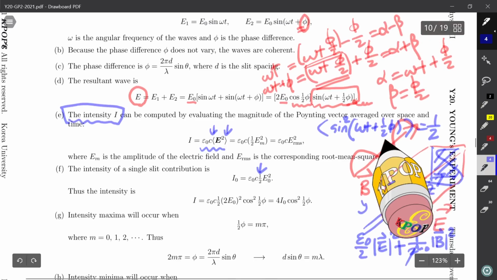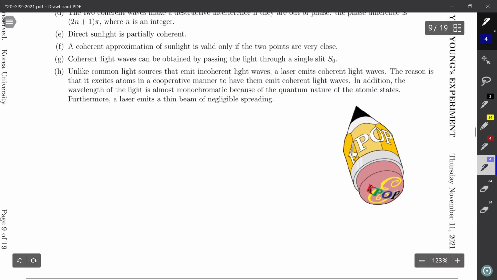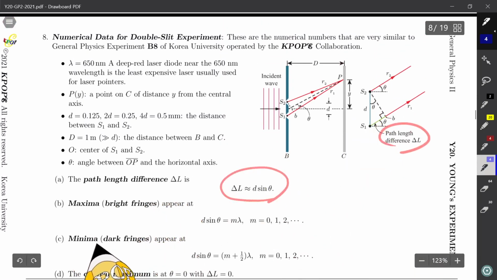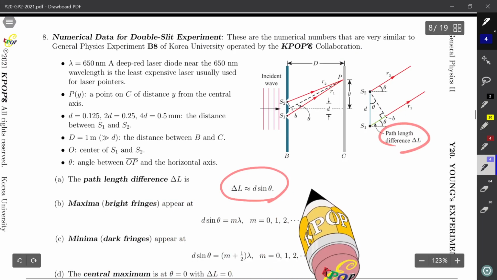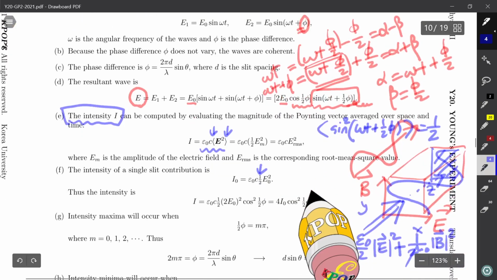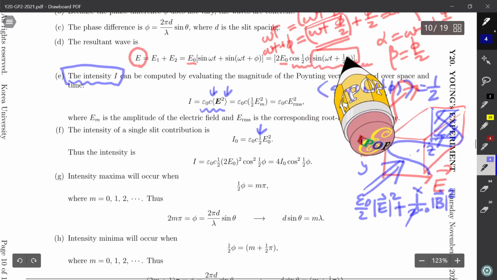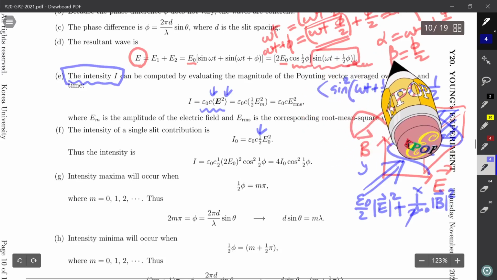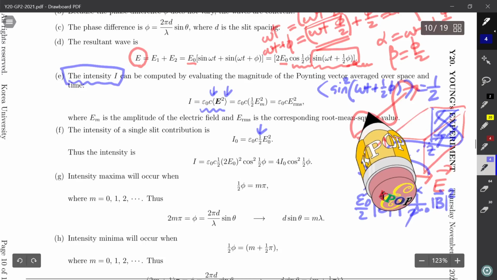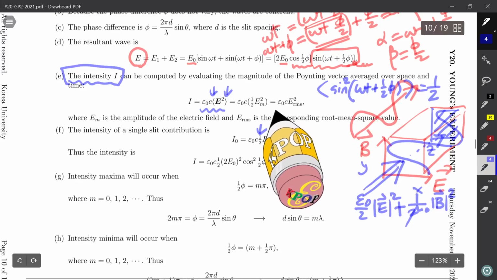Anyway, this is the reason why we have not included the time dependency in the previous analysis, identifying the local maximum and minimum points. If we remove this time-dependent part by averaging over the time, the intensity of the electromagnetic field deposit to the screen is proportional to this one.